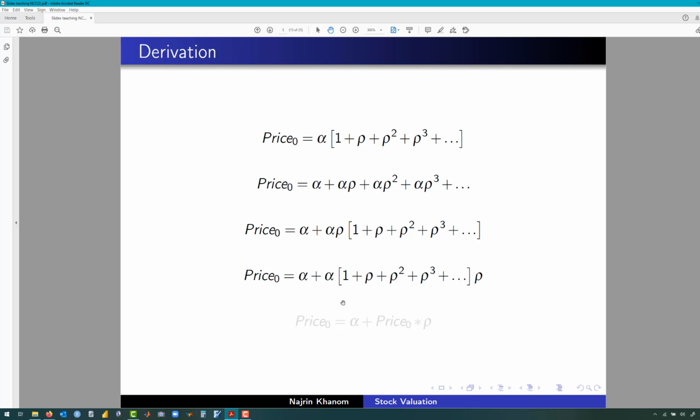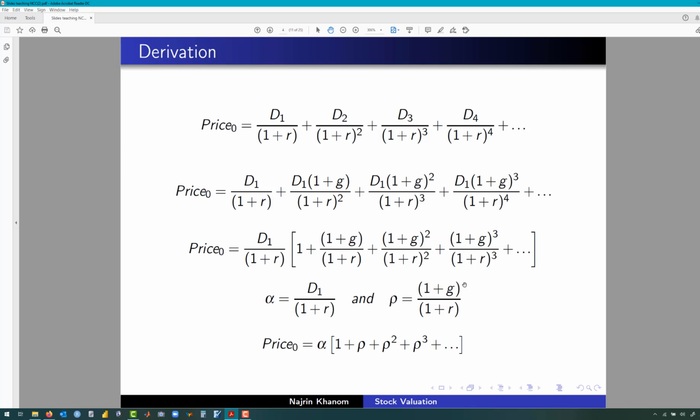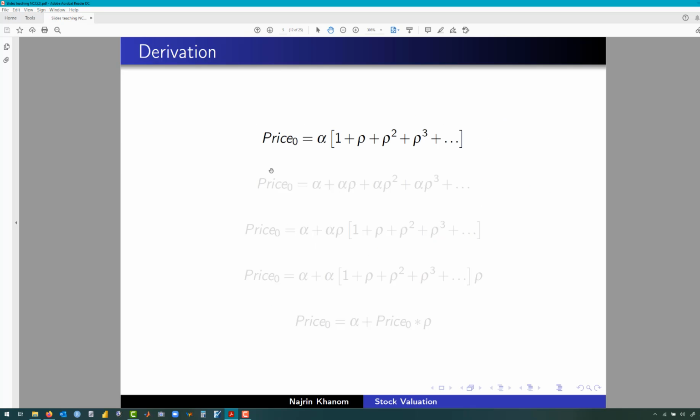Take a closer look at this term. So we have alpha plus alpha times 1 plus rho squared plus rho cubed, and it goes on till infinity. Recall that snapshot that you took in your memory. Just to help you jog that, price of a stock is equal to alpha times 1 plus rho plus rho squared plus rho cubed.